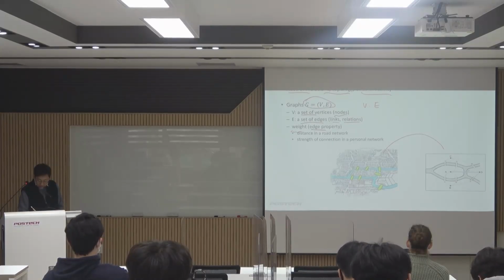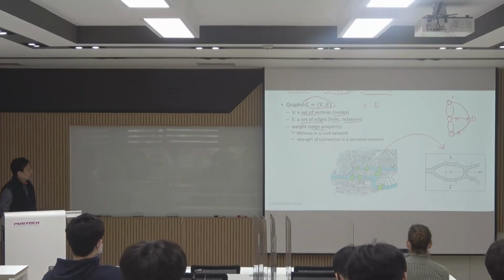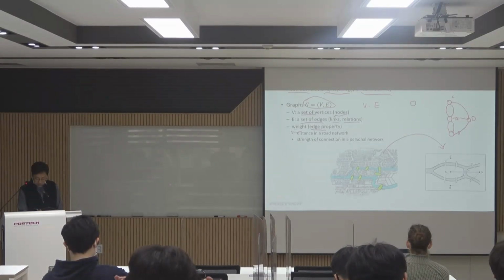You can represent it with nodes A, B, C and D, and we know that A and C are connected like that, and you have this kind of connectivity. It doesn't have to be drawn like this.